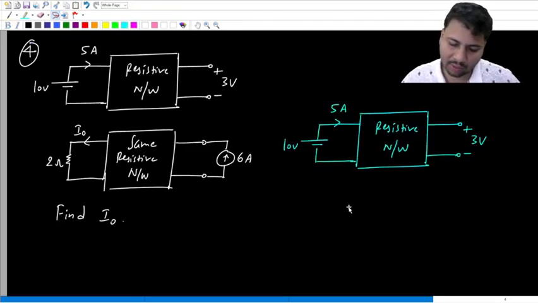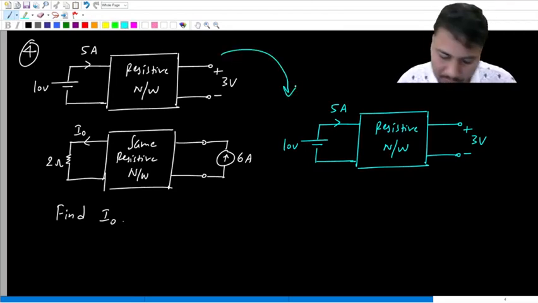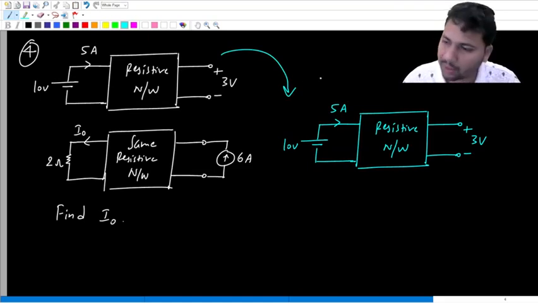So this is what? Case 1. So this is what? The first circuit, which I have drawn as it is. Okay.